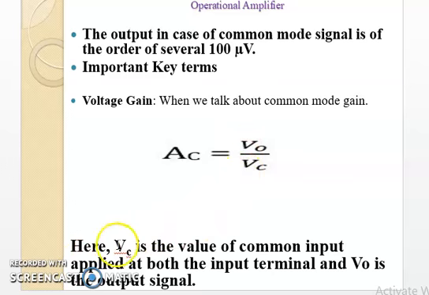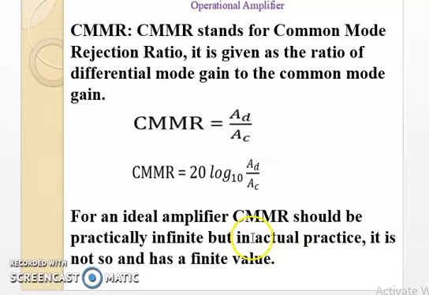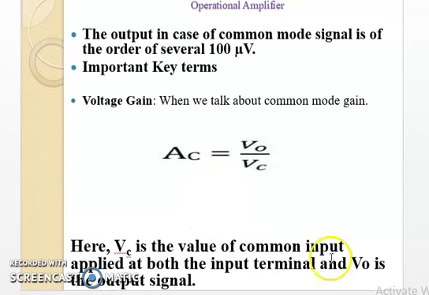Now let us turn towards the second term, that is CMRR, common mode rejection ratio. It is given as the ratio of differential mode gain to the common mode gain. It is nothing but differential mode gain upon the common mode gain, so it is equal to 20 log of AD upon AC.